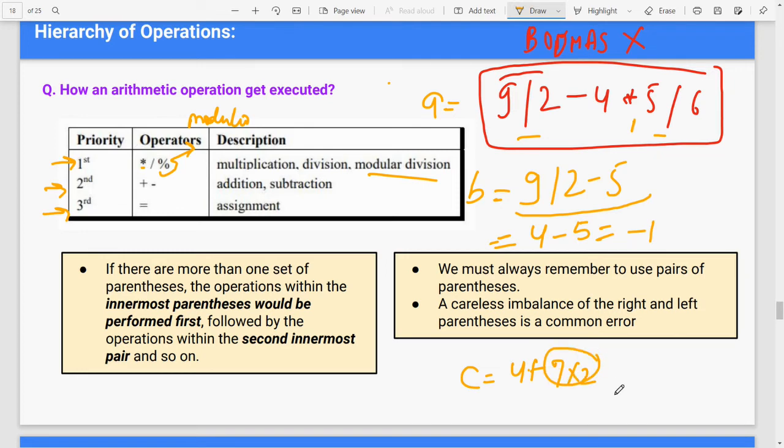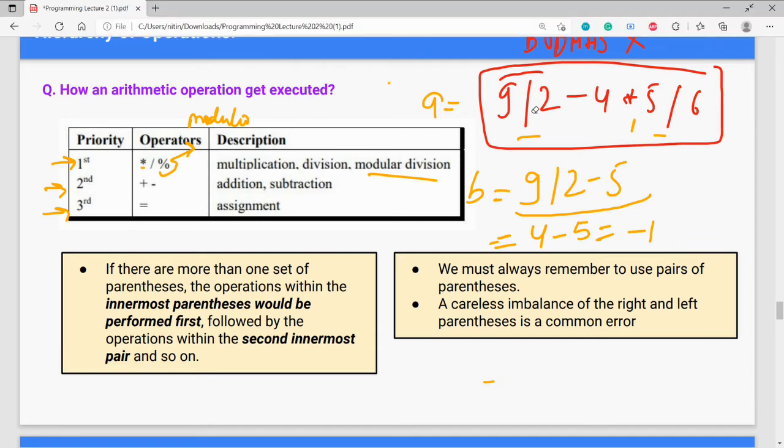Or maybe 4 plus 7 modulo 2. Take the modulo here, which is 1, then add it to 4 and get the result. So you can now do the simple calculation. We will discuss what to do if you have multiple types of operators on the same level. So guys, is this clear now? That's what I've been discussing till now.